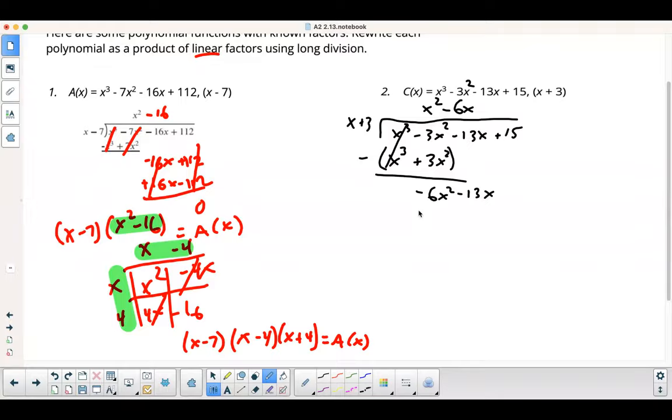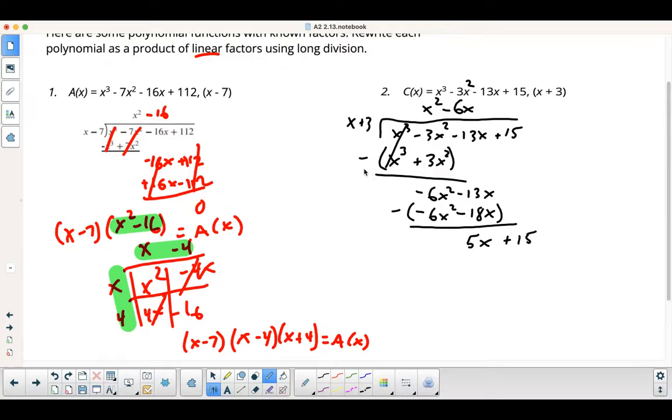And then I multiply, I get negative 6x squared minus 18x. Distribute this would be a plus 6x squared, so those cancel. This would be plus 18x, so that would be negative 13x plus 18x is 5x.